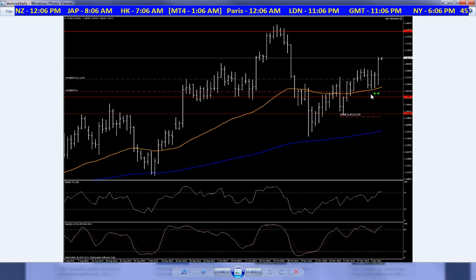Otherwise, it's a random market at the moment in the US dollar, so there could be a bit of volatility on it. If it comes out on the nose, then you'll be fine, I would suggest.